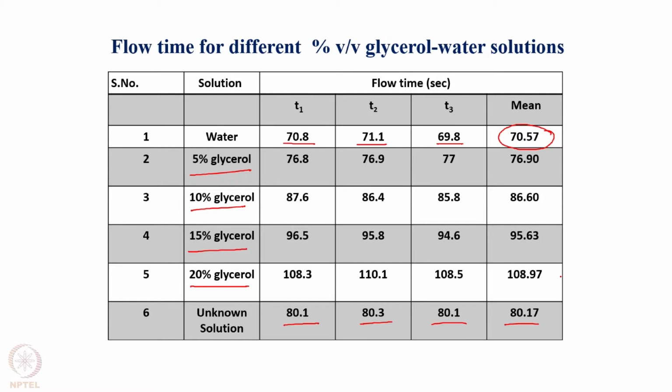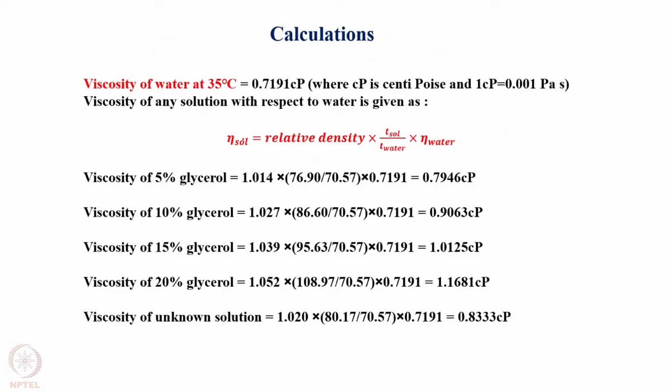So now we will use these flow times to calculate the viscosity of our unknown sample or the viscosity of different glycerol solutions. We previously said that eta 2, or eta of the solution under study, is the relative density, that is d2 by d1, into the ratio of their times of flow, that is t2 by t1, into the viscosity of the reference eta 1, that is here water.